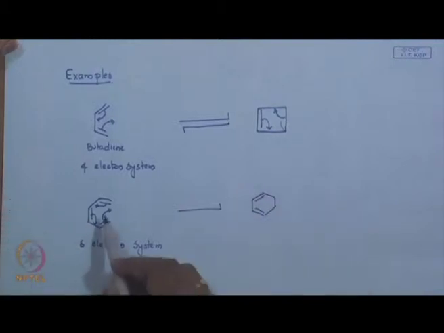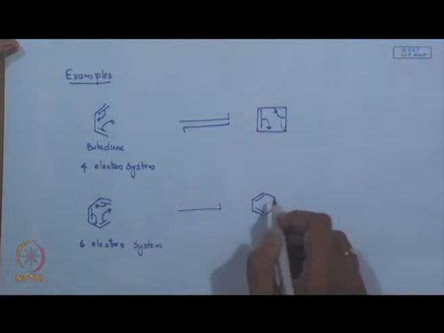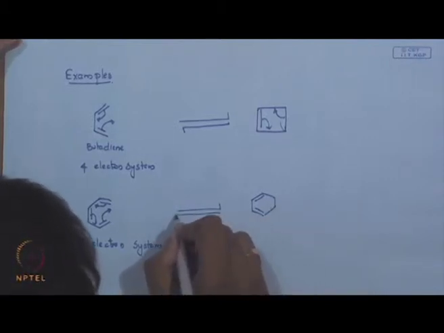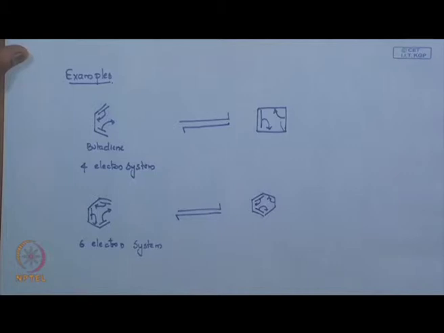Again you can see initially I had 3 pi bonds, now I have 2 pi bonds with 1 extra sigma bond. And in the same way these reactions are reversible, giving back the starting material. This is a 6 electron system.